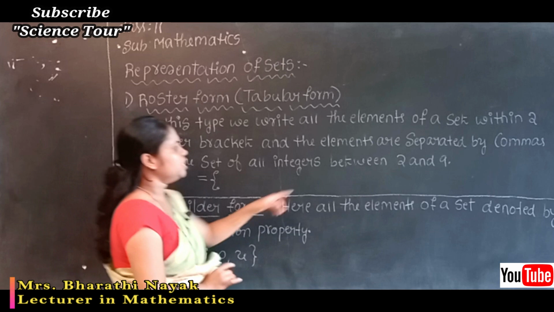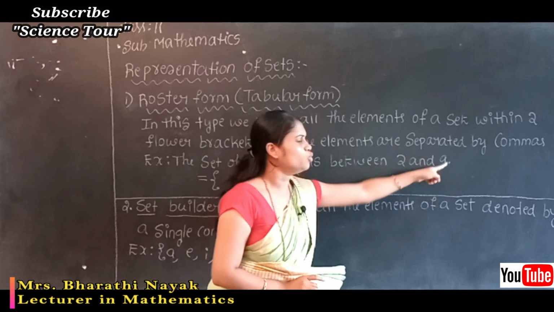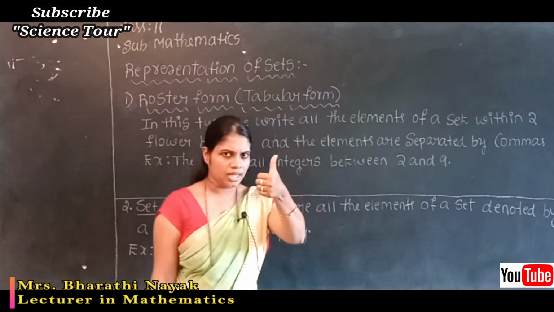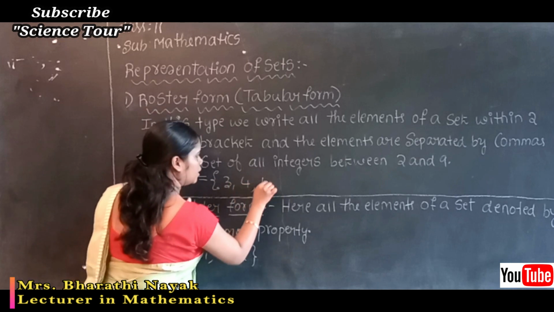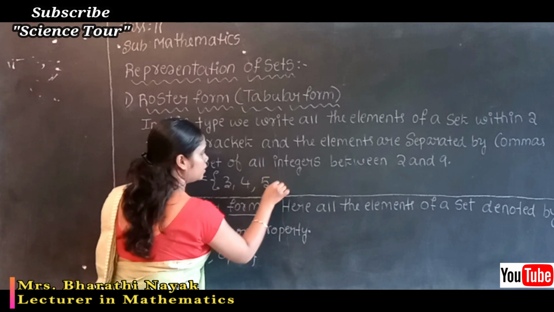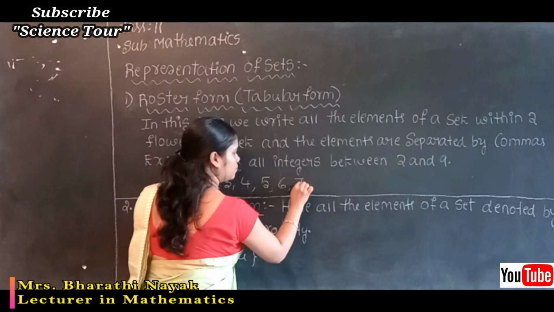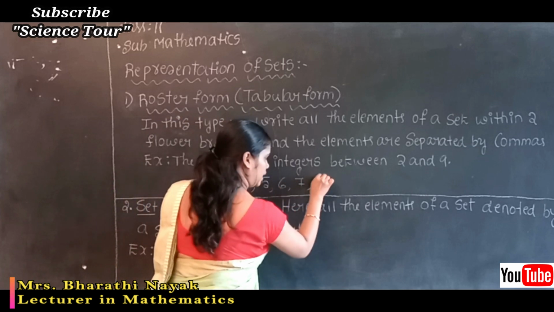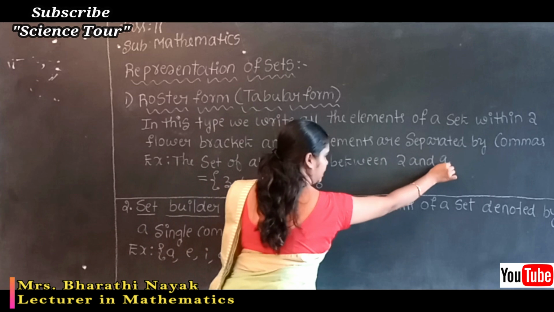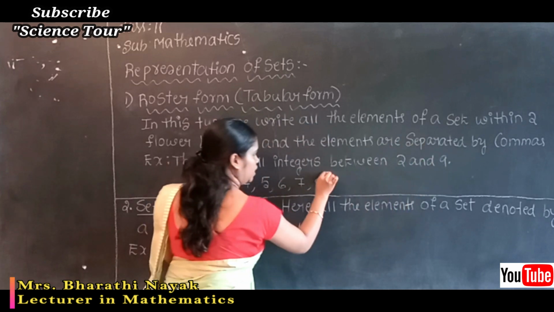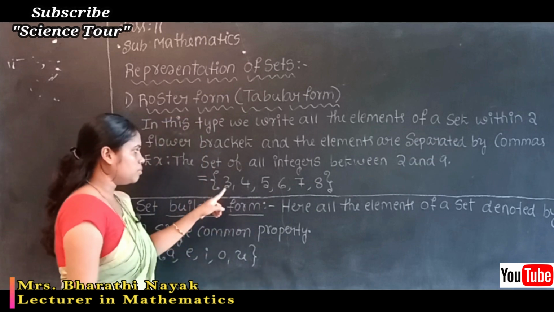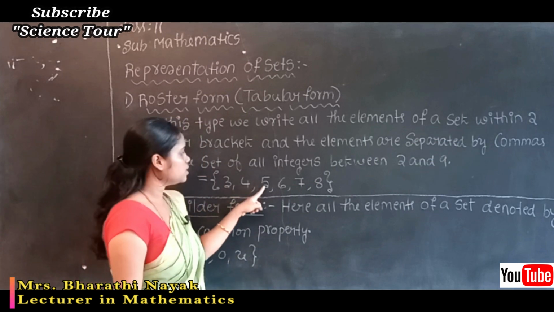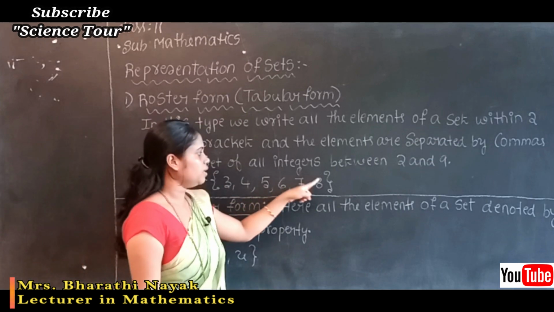Which integers will come in between 2 and 9? 3, next 4 will come, next 5, next 6, next 7, next 8 will come. Can I write 9? No, right? So in between 2 and 9, the numbers are 3, 4, 5, 6, 7, 8.